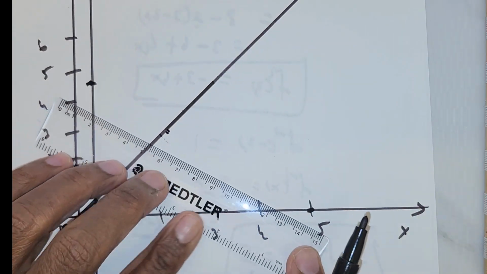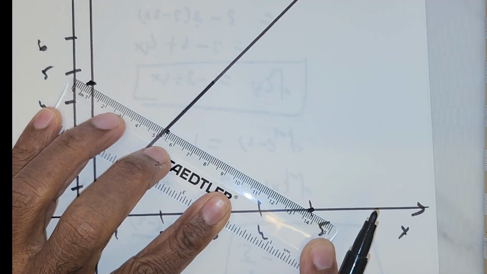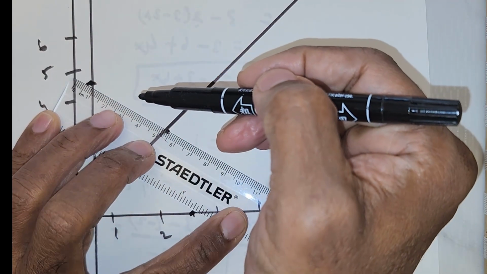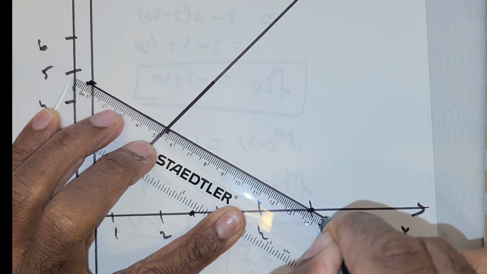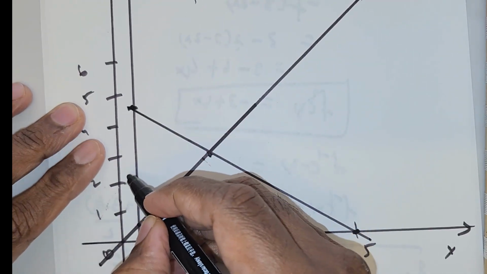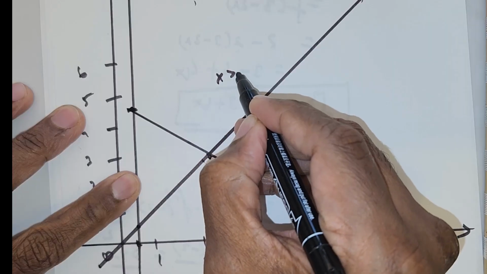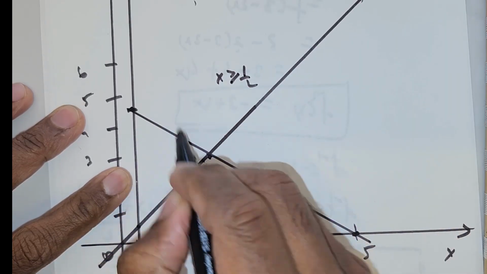So 2.5 will be somewhere over here, approximately. This is the approximate region which we are looking for. Now over here, this line is all values of x greater than or equal to 1 over 2. So this is the region.